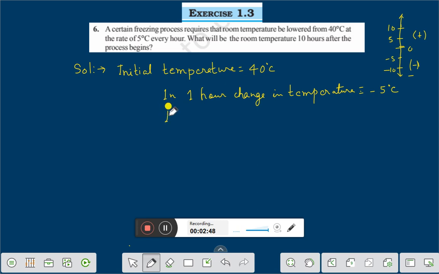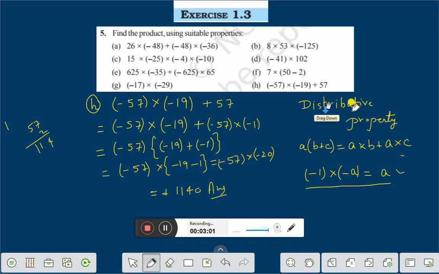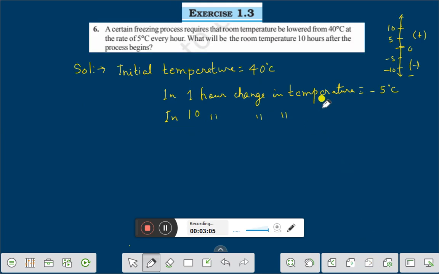Therefore, in 10 hours, change in temperature is equal to minus 5 into 10 degree centigrade.